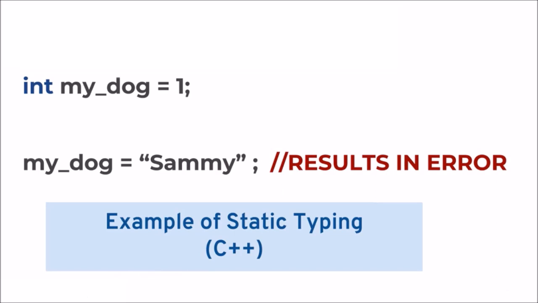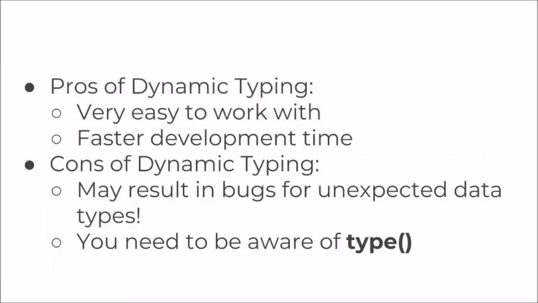So this is what we call static typing. If we are doing it like this, mentioning int my dog is equal to 1, and I start typing my dog is equal to Sammy, it pops up an error. It will correct you while you are typing. Okay. That is static typing, not a property of Python.